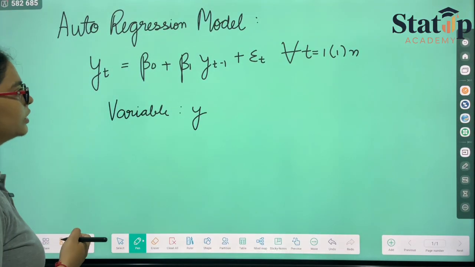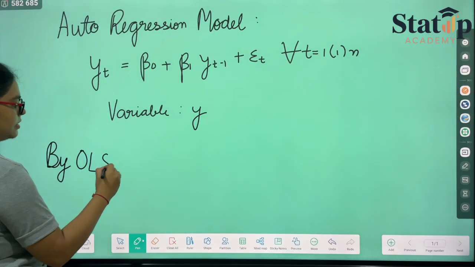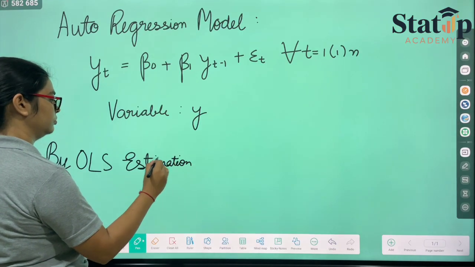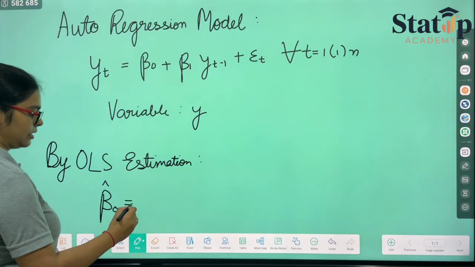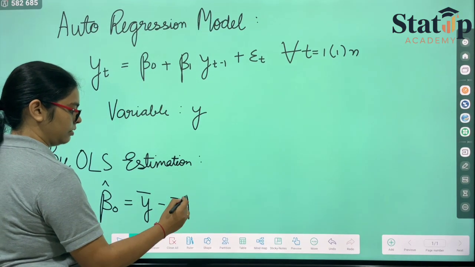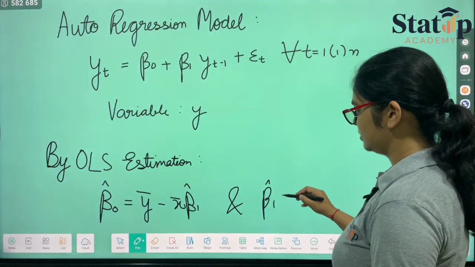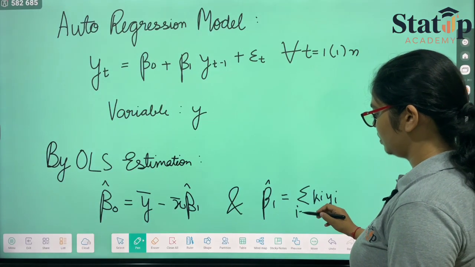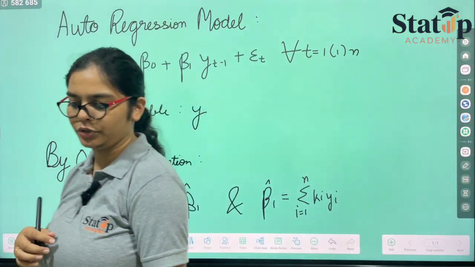So by following the method of OLS estimation, we will get beta naught cap as y bar minus x bar beta 1 cap, and beta 1 cap as summation ki yi, where i goes from 1 to n. Or we can also write t, whatever symbol you want to use in this.